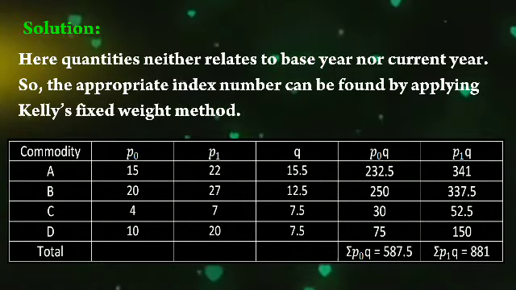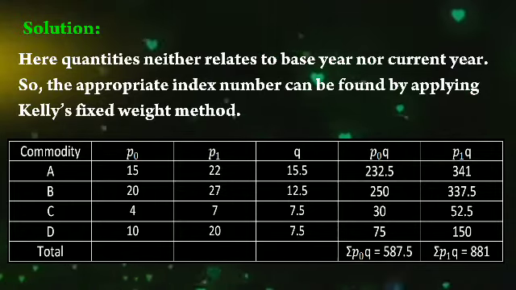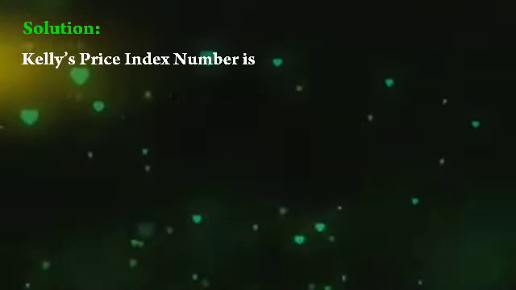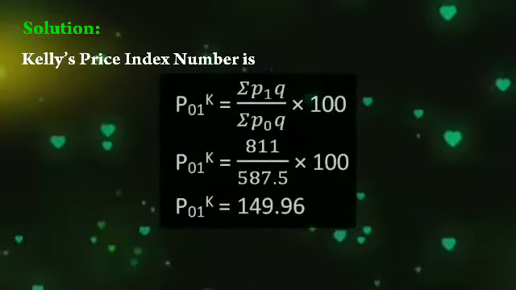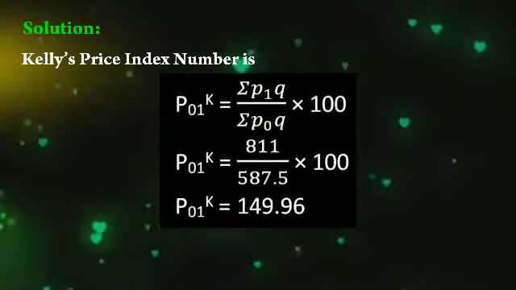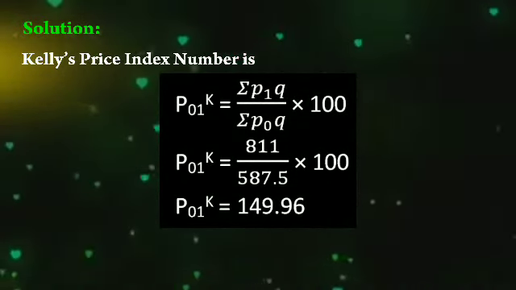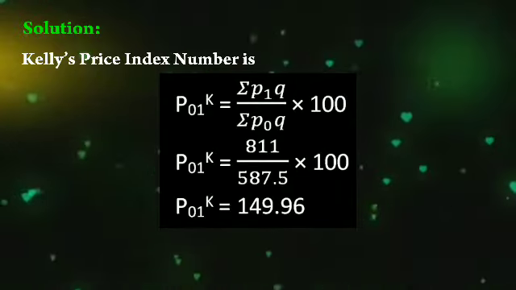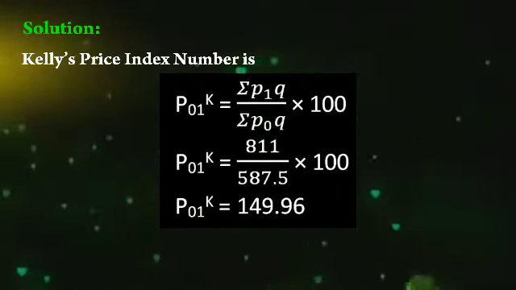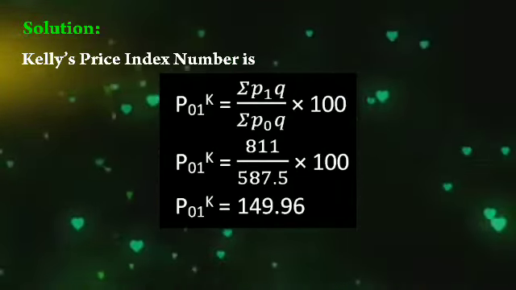After the completion of this table, next step is to write the formula. So write down Kelly's price index number is P01 of K equal to sigma P1Q divided by sigma P0Q, which is multiplied by 100. Substitute in the formula.